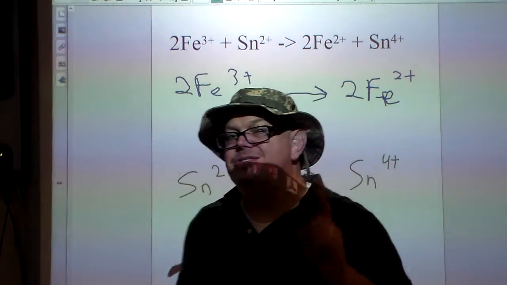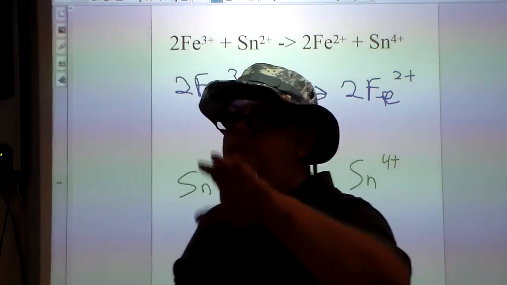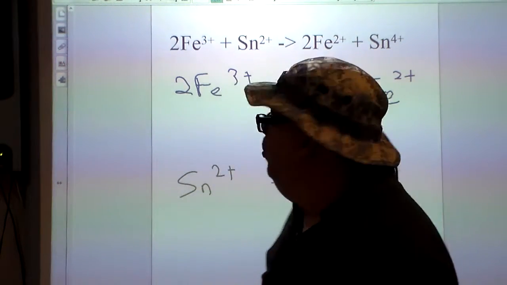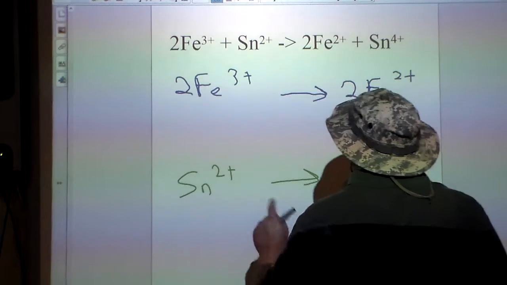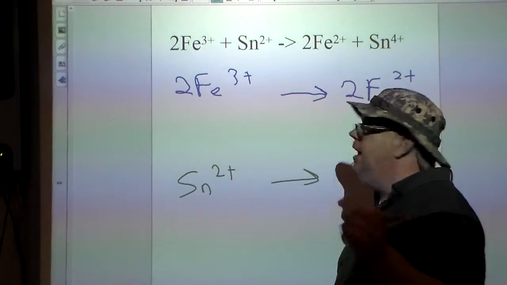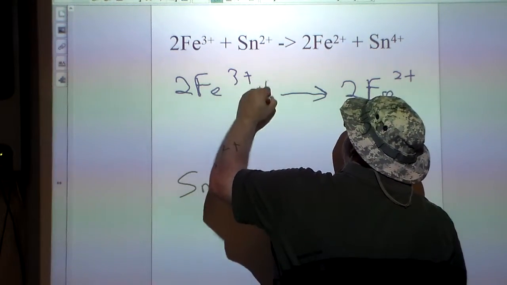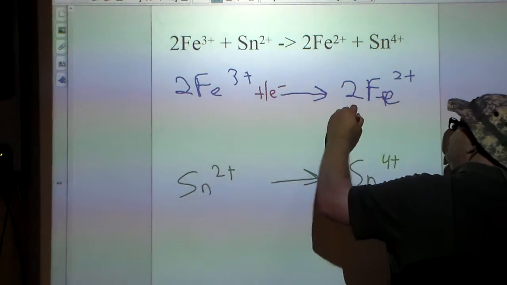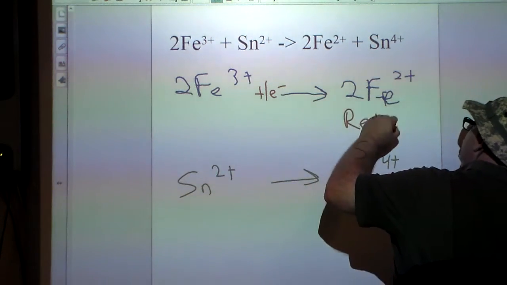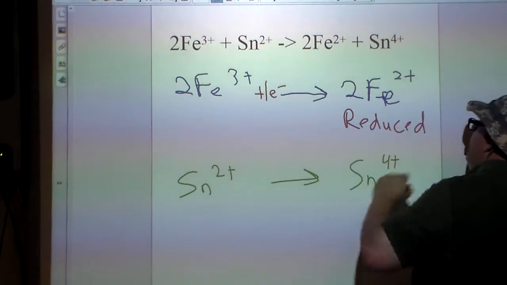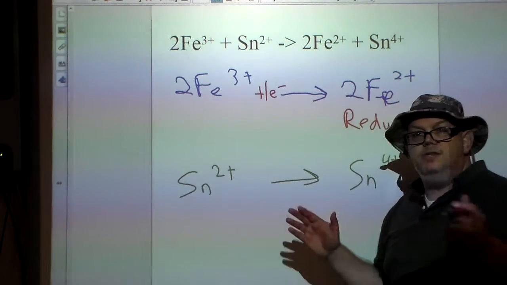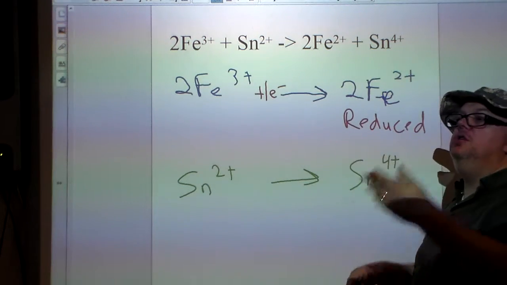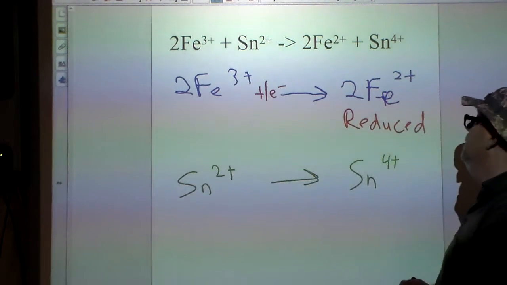If it went from a +3 to a +2, did it pick up an electron or did it lose an electron? Well, +3 to +2 is a change. You added an electron. So we can say if it picked up an electron, it is reduced. We're saying that this thing has been reduced. It's undergone the reduction process.